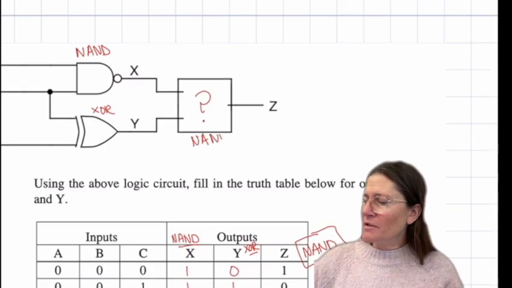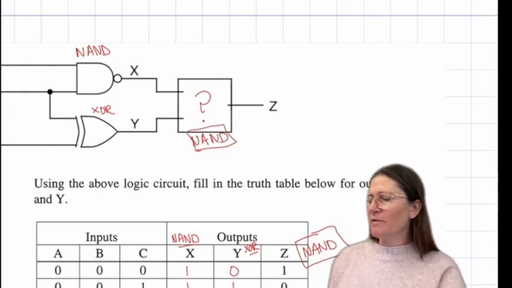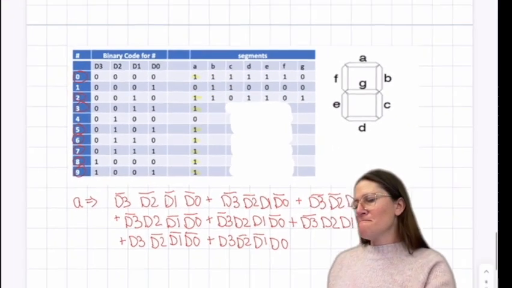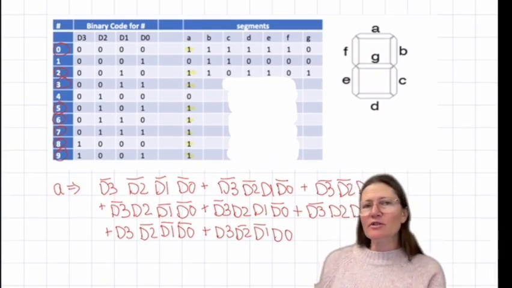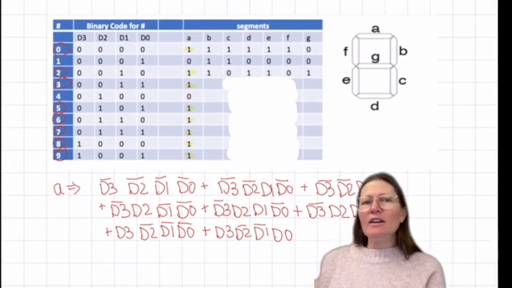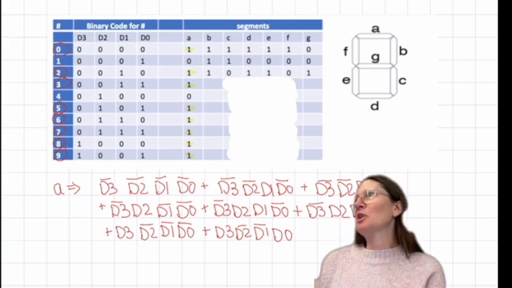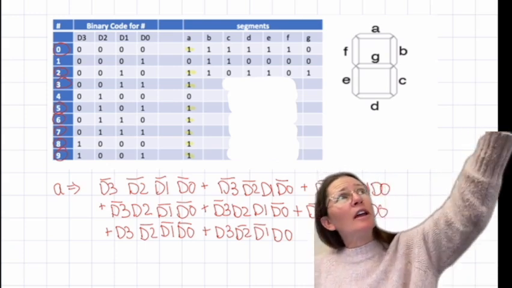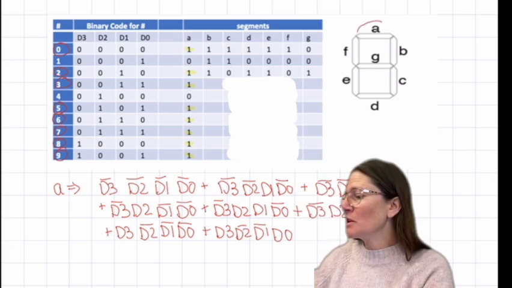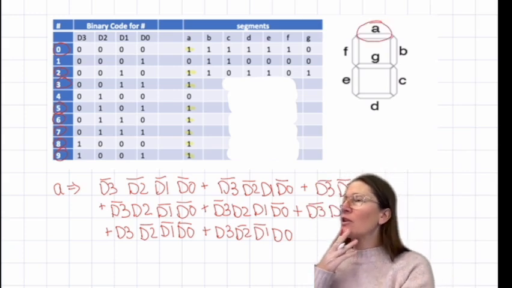All right, we don't have time today, but this is a fun little thing if you want to look at it on your own: creating binary codes to turn on a number on a 7-segment display. On this, you can see the A, which would be this little LED light.